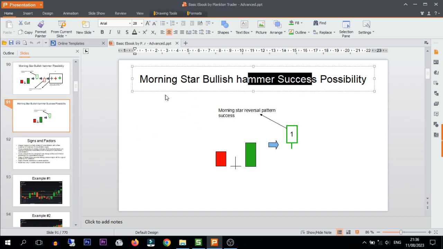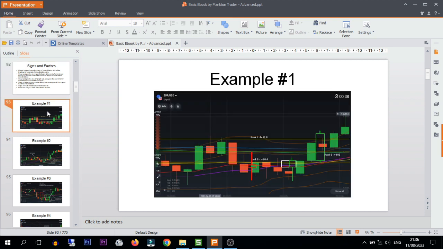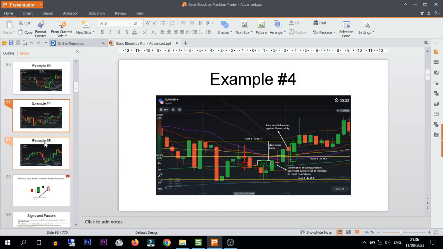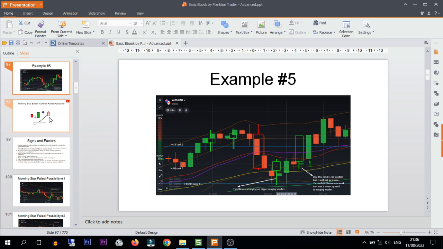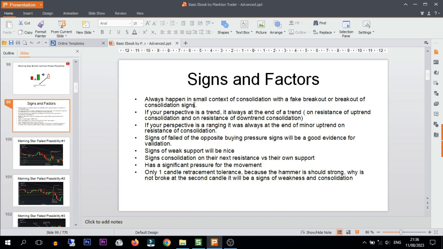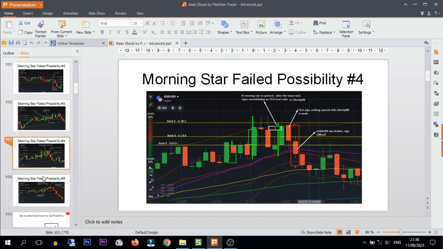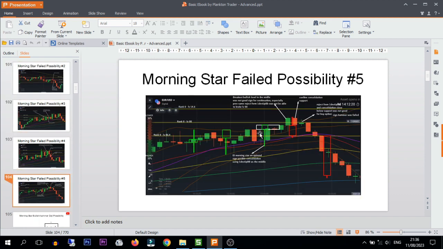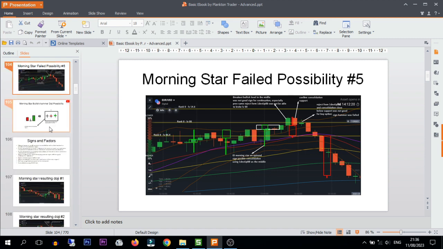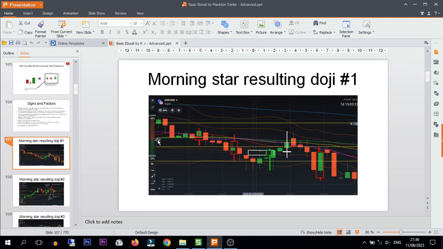Start from the success bullish hammer possibility, what is the sign, what is the factor, and then the example here, a 5 into 6 slide example. Then I start with how the failed bullish hammer looks, what is the sign and the factor, and then the example. The examples vary, sometimes using 3 candles, 2 candles, so you know why the bullish hammer is making a doji, what is the sign, what is the factor.